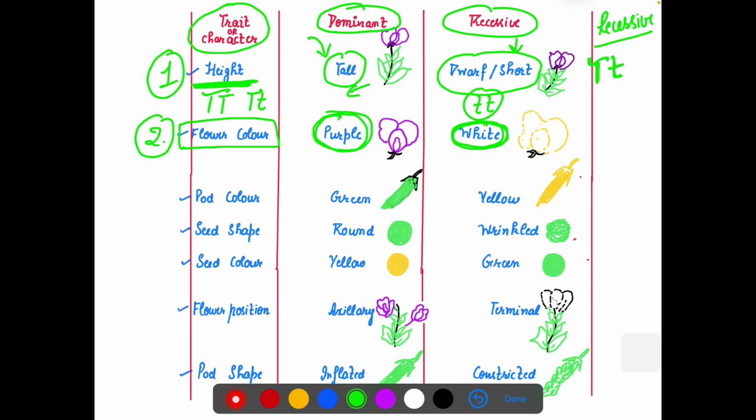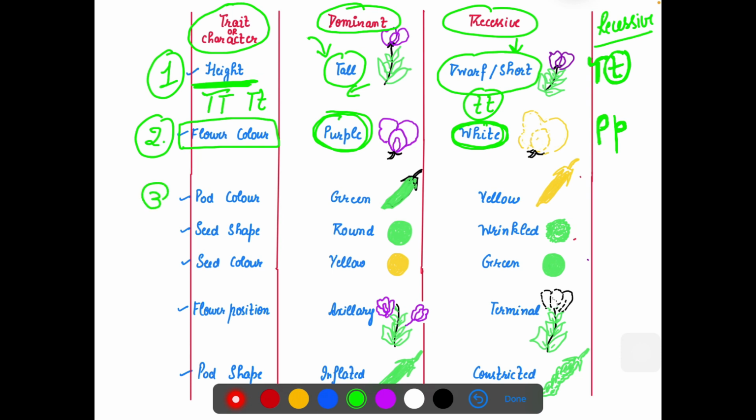Like in height, tall is dominant, so I have taken T, not the small t. Flower color, what will be my abbreviations? Purple, so P will be there. Capital P is dominant and small p means white because that is recessive.